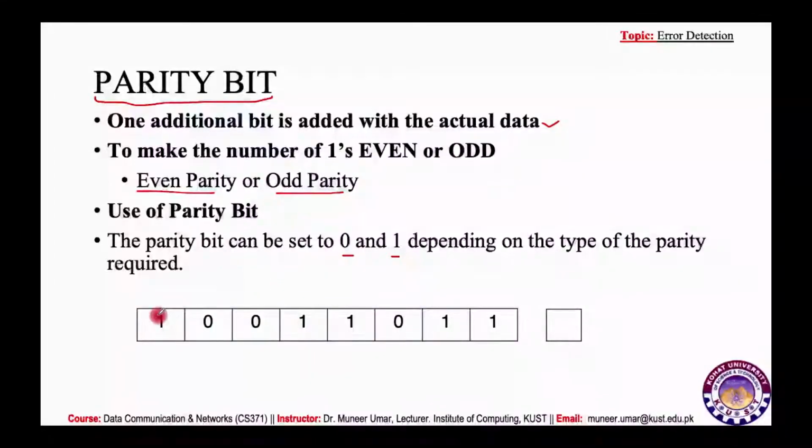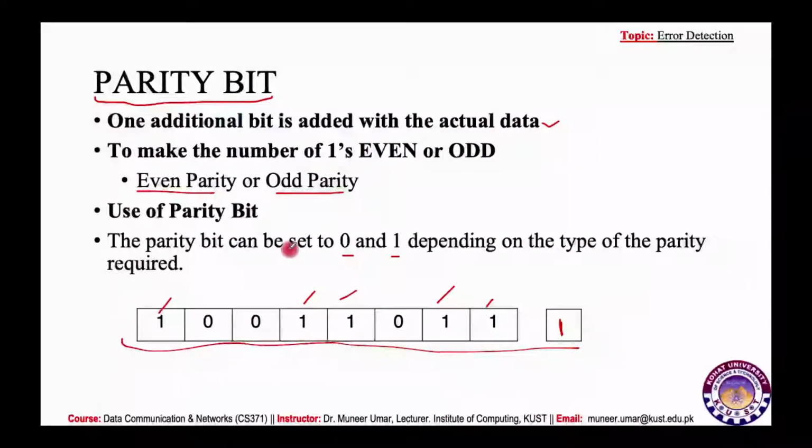Let's say for this example, we need even parity. Here we have 1, 2, 3, 4, 5, five ones. So we must make the number of ones even. Here we should provide 1 as an additional bit. Now we would have an even number of ones for even parity.